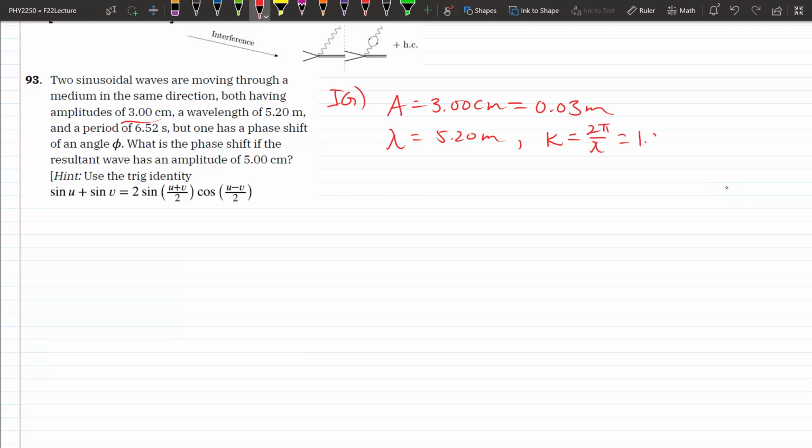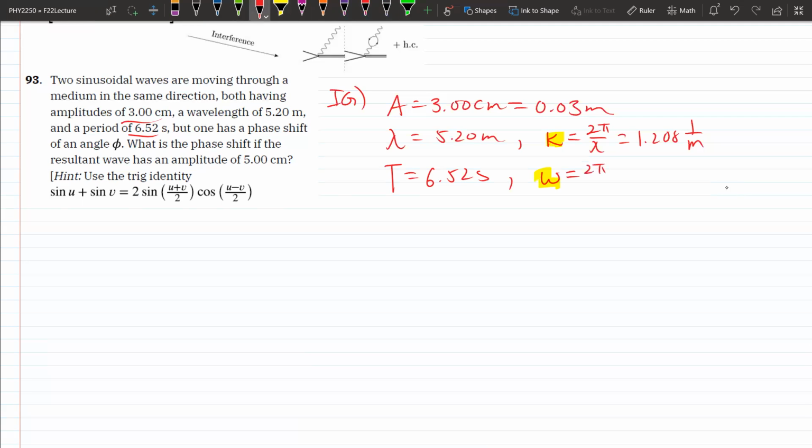That turns out to be 1.28, and this has this weird unit of 1 over meter. It has a period of 6.52 seconds. Then I'm going to also translate that to the omega, because those are the variables we actually use when we write the wave equation.